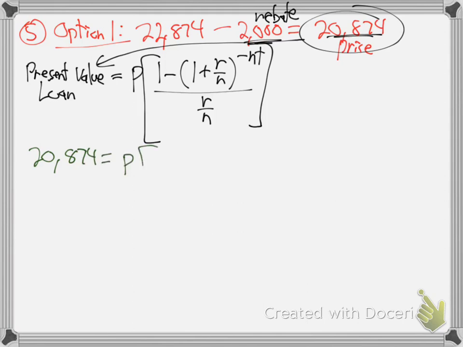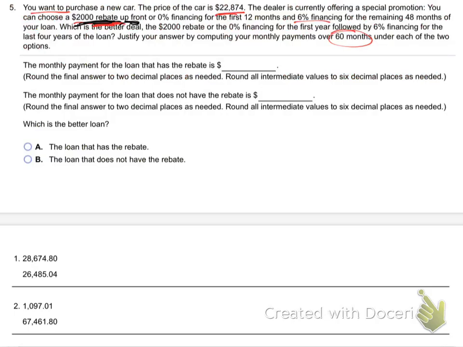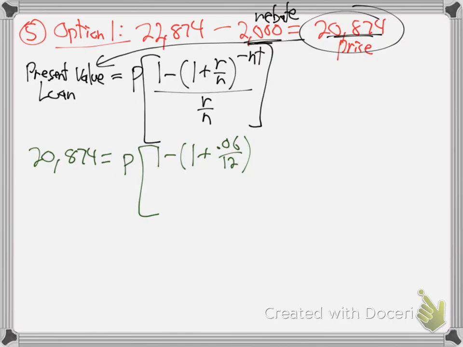So $20,874 is P times 1 minus 1 plus R. The interest rate is 6%, monthly, 60 months. Now you got to change that to years. That's 5 years, isn't it? We got to put that in years right here. Minus 12 times 5. Watch out.